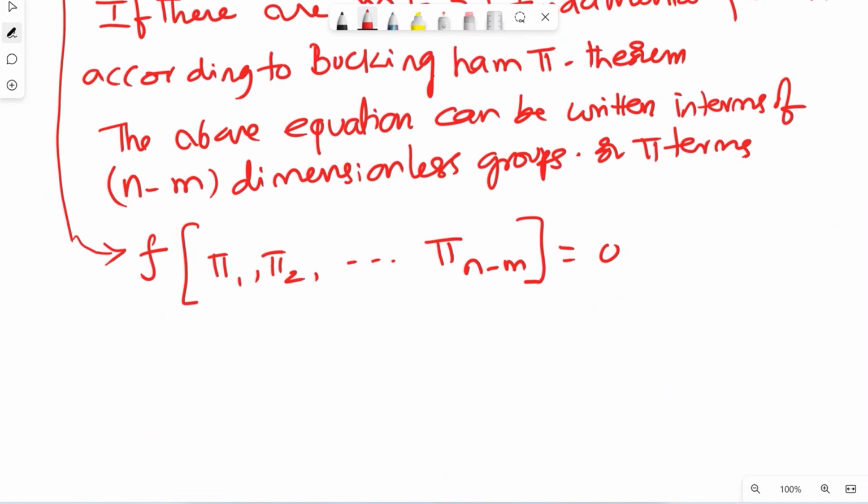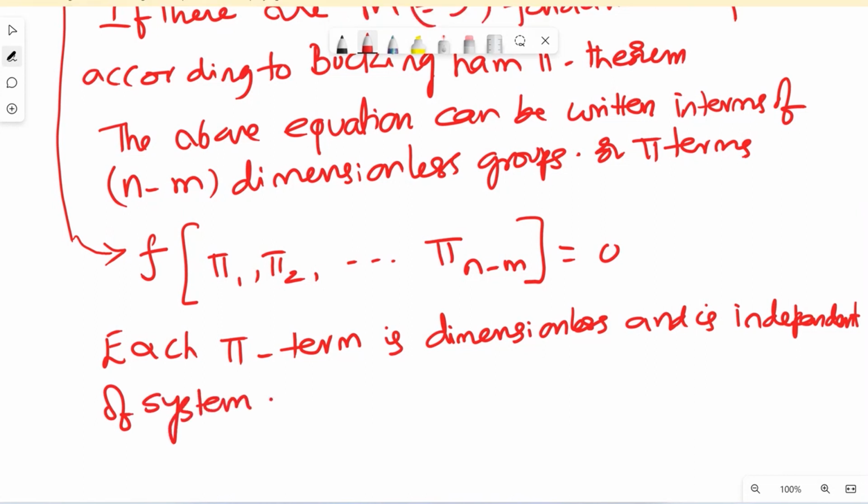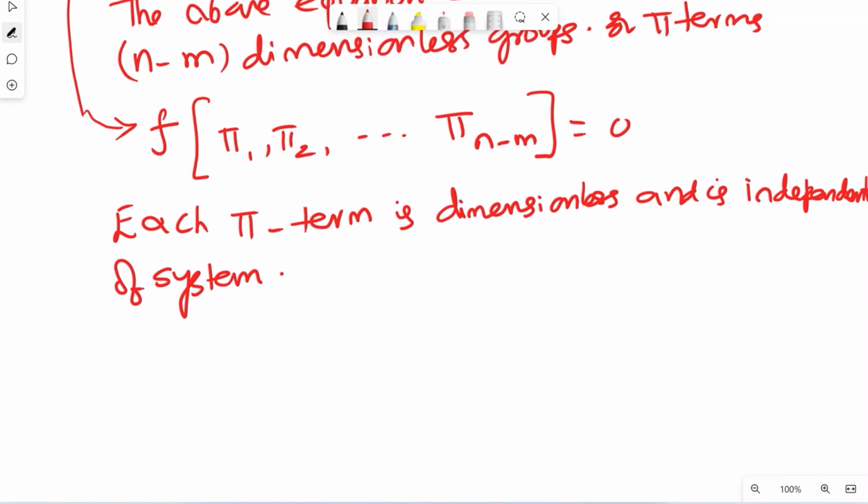Now, each pi term is dimensionless and independent of the system. It is dimensionless, that means it has no units. It is independent of the system.